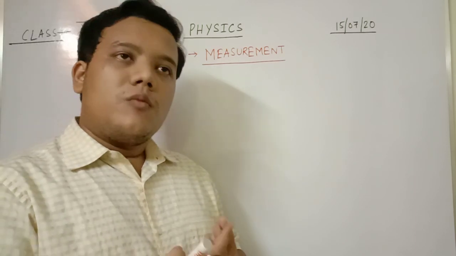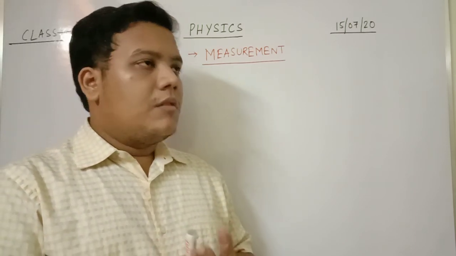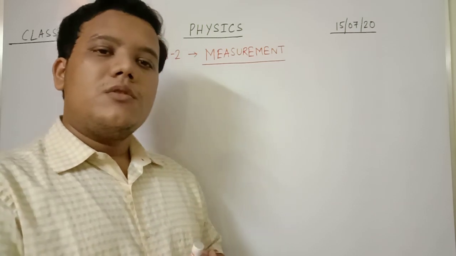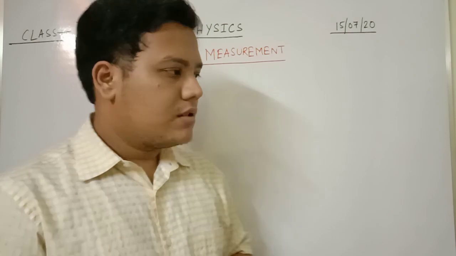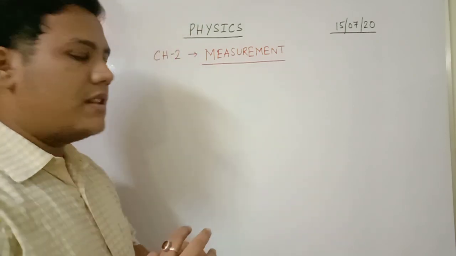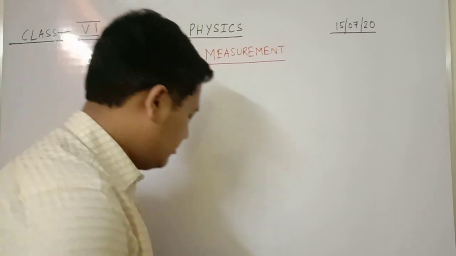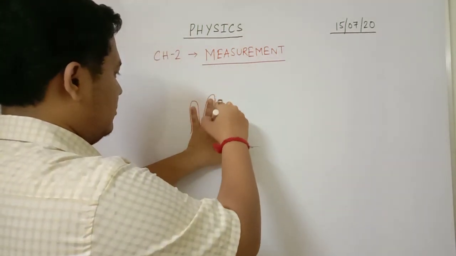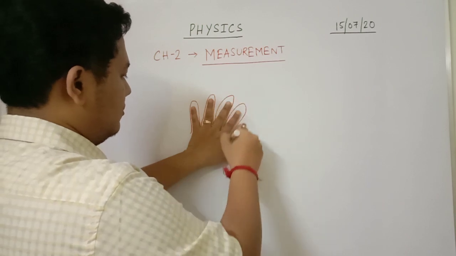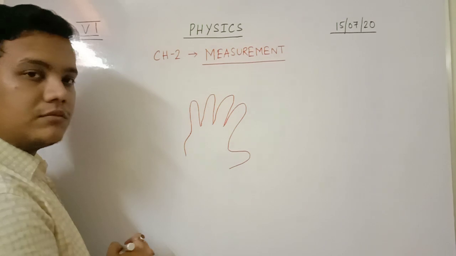Now, there was also a need for a standard quantity. In ancient times, people used to measure length or mass using their hands. Suppose people used to measure lengths. How did they measure? Suppose this is the hand of a person.